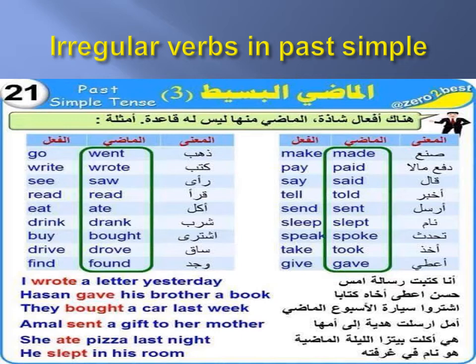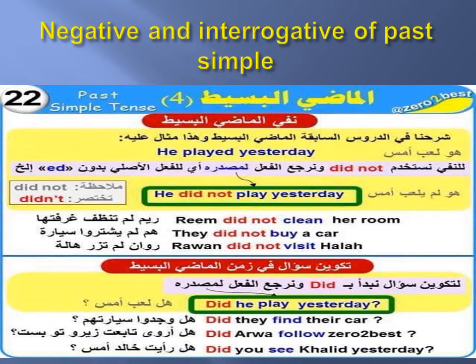Now we're going to the negative form of the past simple. To make a negative, it is easy: use the verb do in the past, did, beside not, and make the verb in its base form.